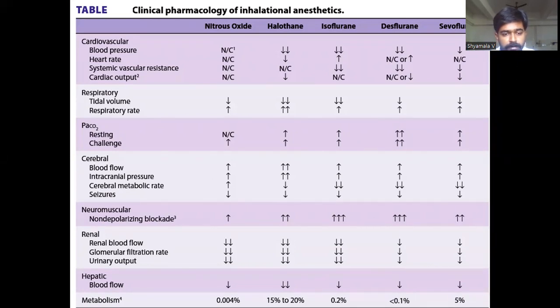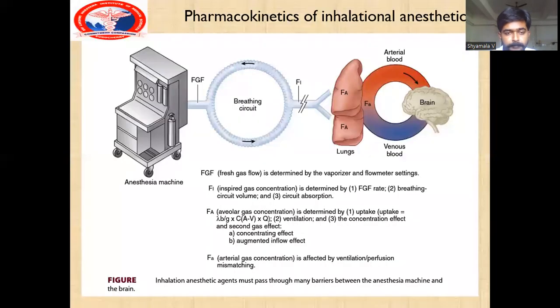Hepatic blood flow will be very much reduced in halothane compared to any other volatile agents. So this is the workstation where you can see a vaporizer in the left corner and a fresh gas flow tube, which comes with the breathing circuit in and out, like you can see the circular thing.